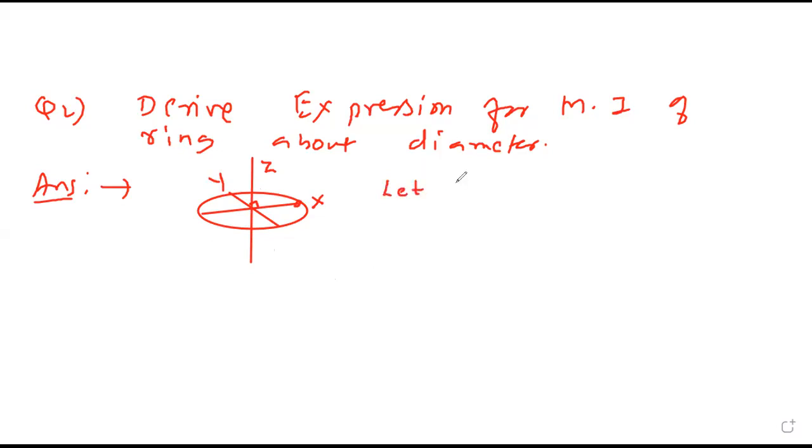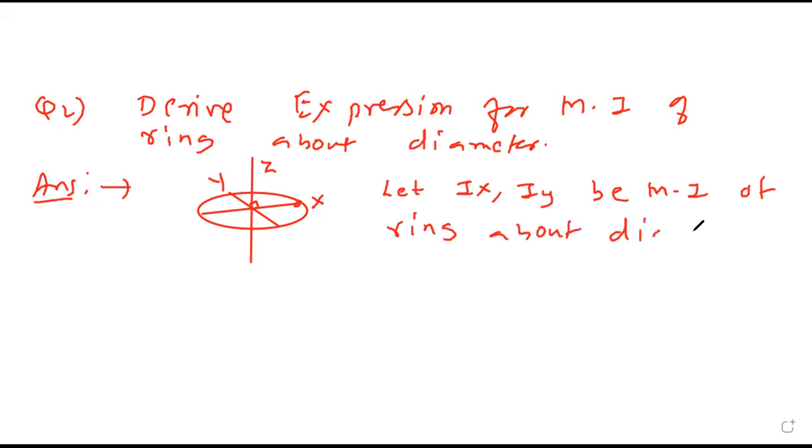So let Ix, Iy be moment of inertia of ring about diameter. Therefore, I about x, I about y is I about diameter, I wrote ID. Are these three axes x, y, z perpendicular to each other?